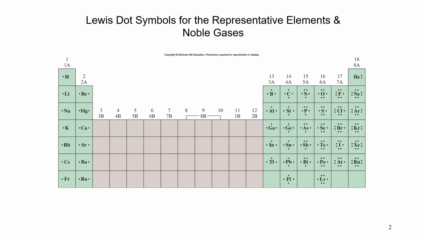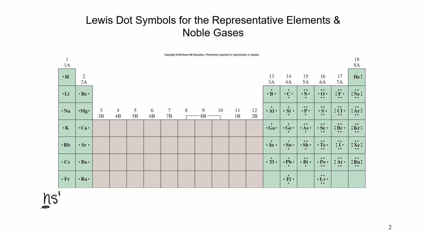So in the case of hydrogen with one electron, we have one dot, and if you look at all the elements in group 1A, they have the same Lewis dot structure, and that's because their general valence electron configuration is ns1 for all of them. The only thing that changes is the n value as you go down that column. So they all have one electron.